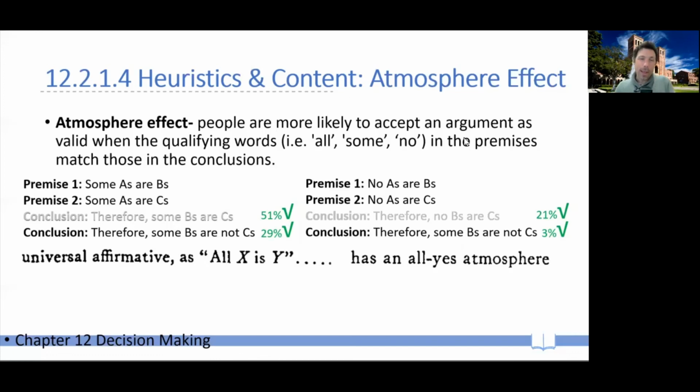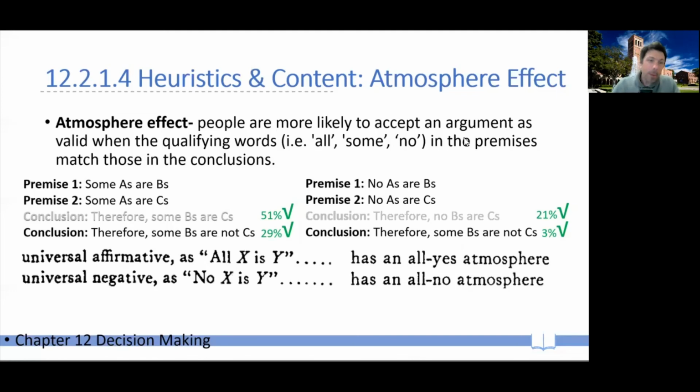And so if your conclusion matches it, it biases you towards believing that it's a valid conclusion. Similarly, if you get a universal negative, if your premises are no X is Y, that gives you an all no atmosphere, an expectation that the conclusion should also be all no.